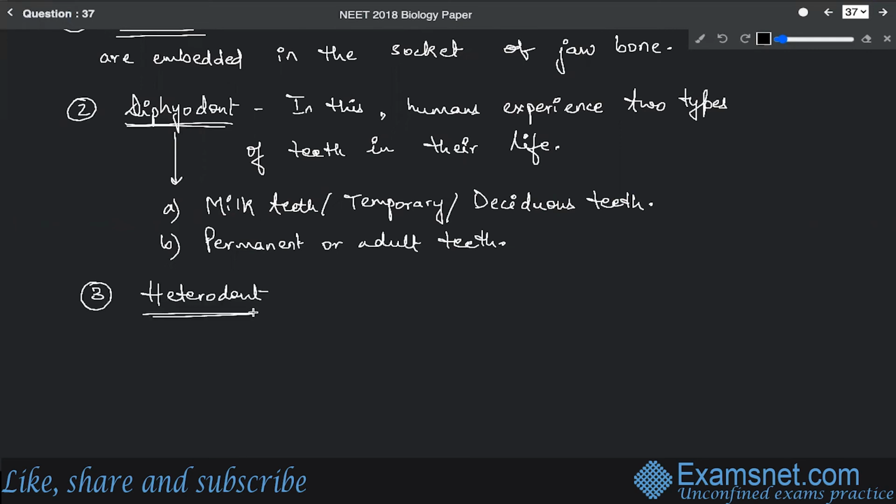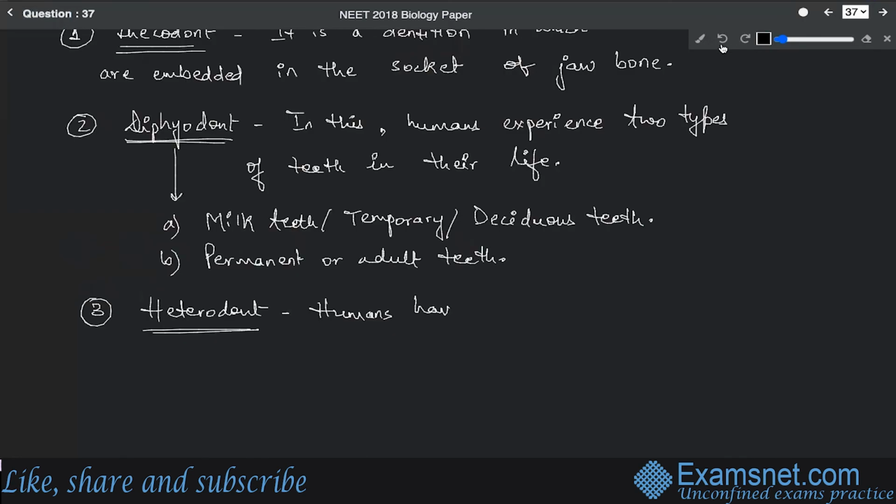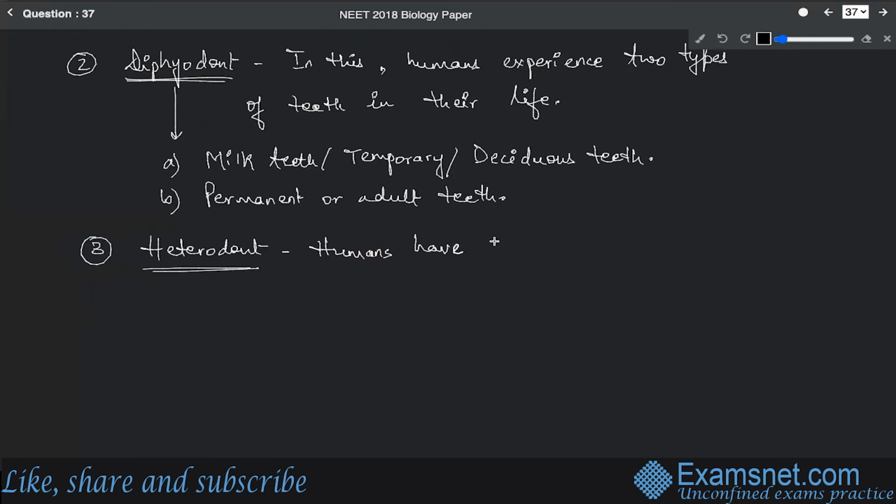Now, the third category is heterodont. In heterodont dentition, humans have four types of teeth present in their oral cavity.